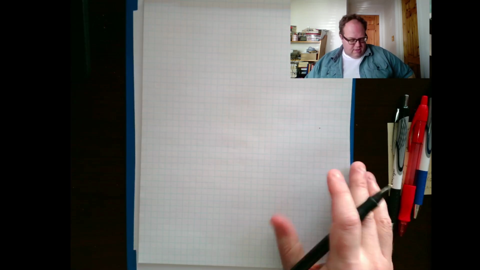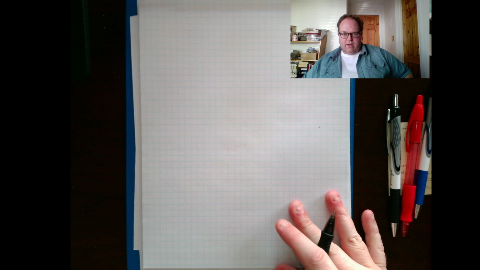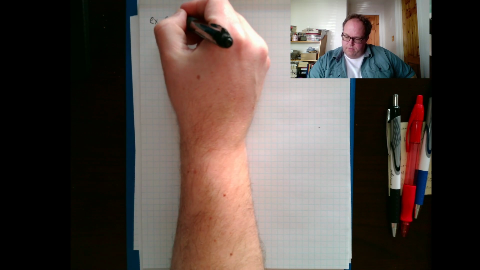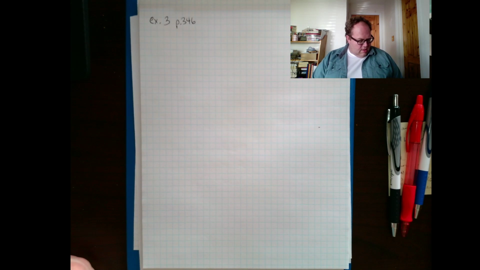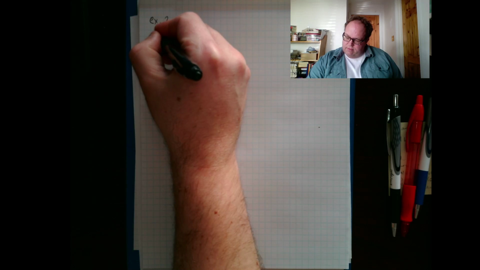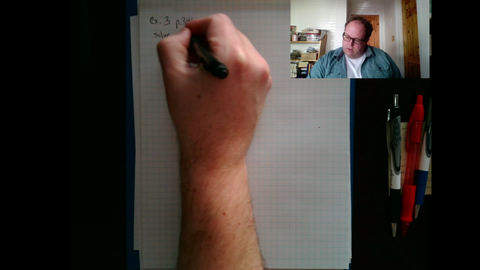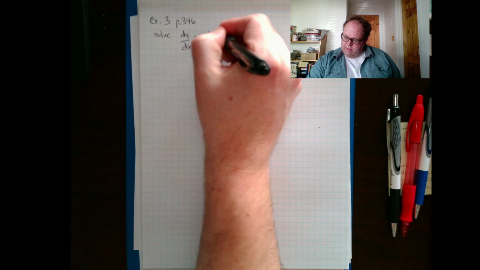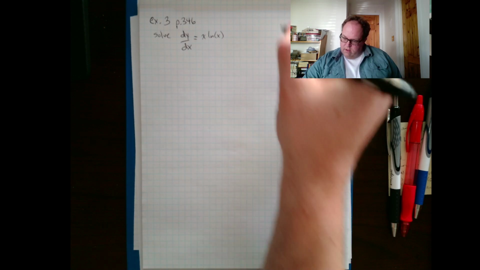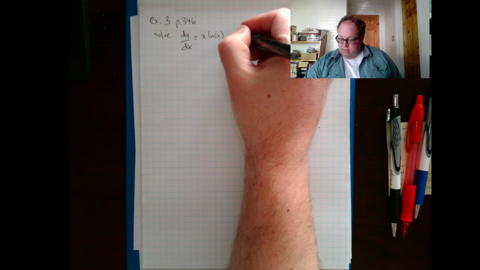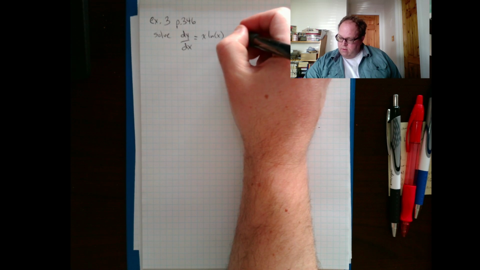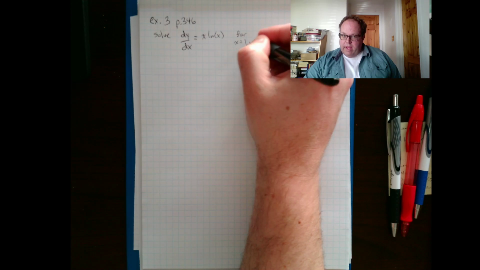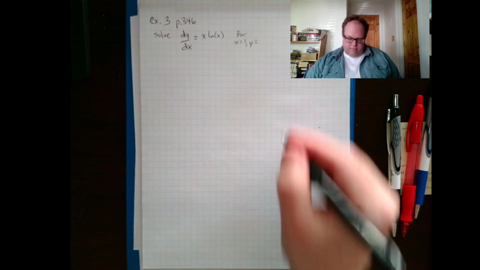Example 3 on page 346 ties this a bit more into one of our initial value problems. We're asked to solve the differential equation dy dx equals x ln x, and for x equals 1, y equals -1.